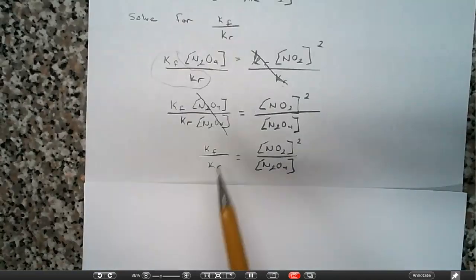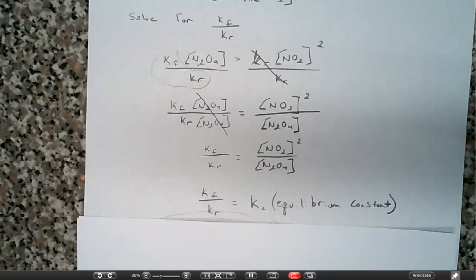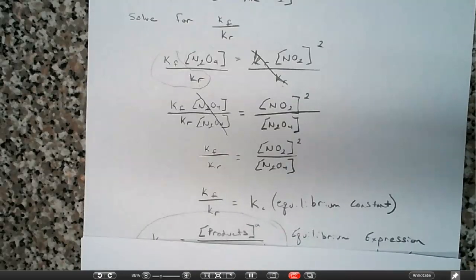Well, we're going to take this Kf over Kr and we're going to make a constant. And I'm going to tell you right here, Kf over Kr is going to equal this Kc. This becomes our equilibrium constant. K is our equilibrium constant for the whole reaction. We've combined the forward and the reverse to give us this K. And here's the expression.